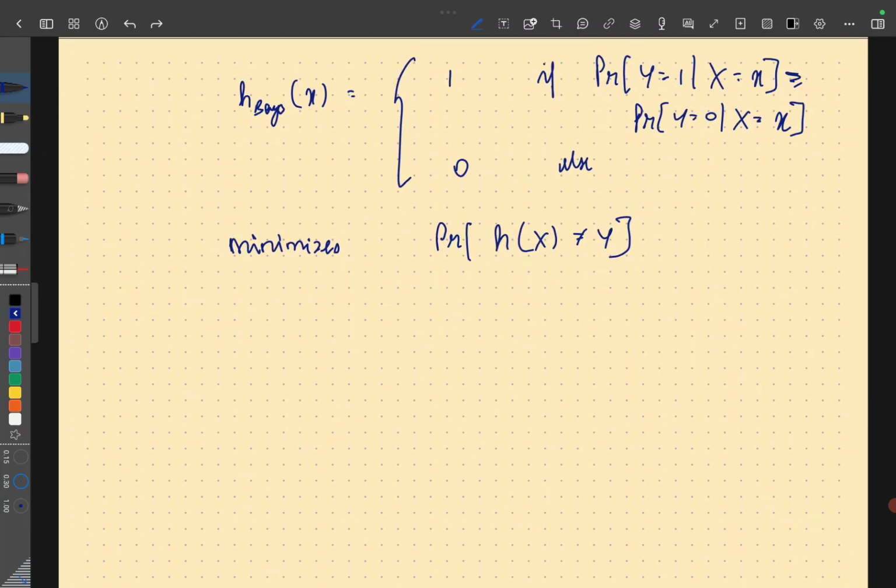So what is the gap to optimal performance in general? Given a learning algorithm that outputs h S, the gap to optimal performance is R of h S minus R star. If you are doing everything perfectly, optimally, then this would be equal to 0.